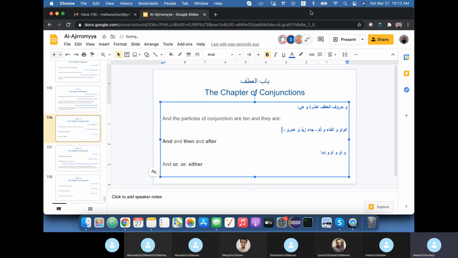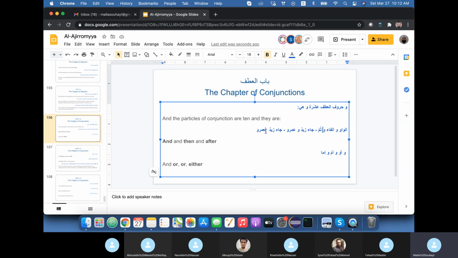But if I said the same thing, I'm going to be lazy, and I put فعمر، جاء زيد فعمر, Zayd came then Amr. Then wouldn't that indicate order? It indicates that Zayd came first and then Amr came, right? So in Arabic, al-fa basically indicates order, which in English you would say then.